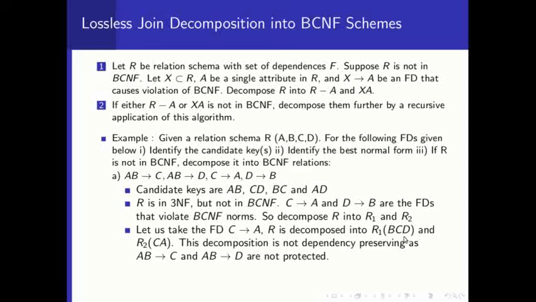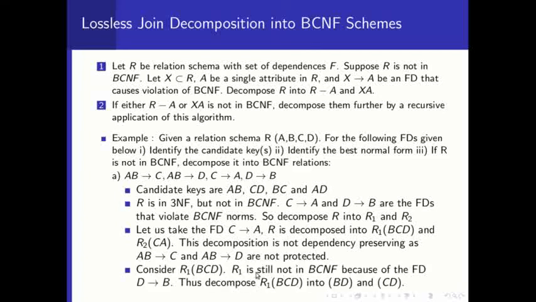For the new decomposed relations, the original AC or CA remains, B is removed and a new relation BD is formed, as well as CD. For the relation schema, R is still not in BCNF because of D determines B. Therefore, the new decomposition is AC, the original one, with B removed to form BD as well as CD.